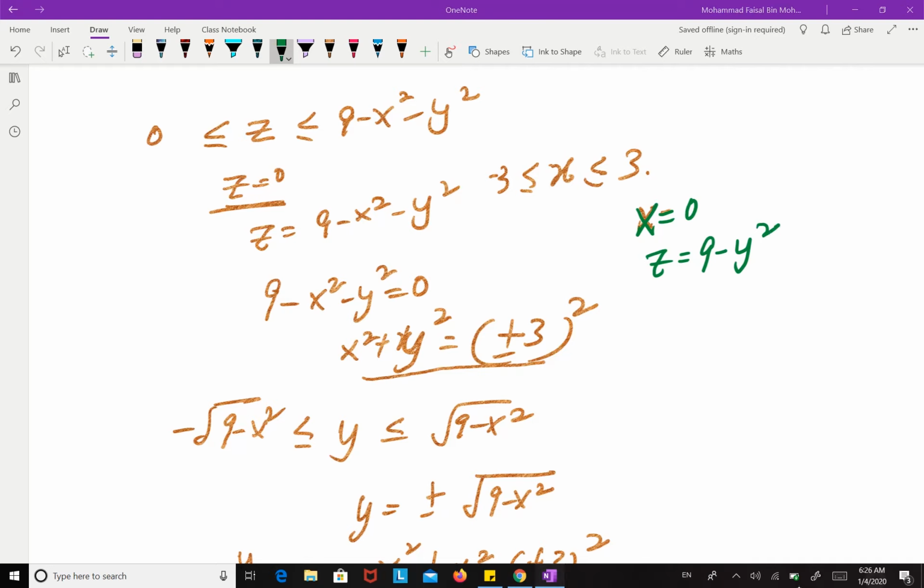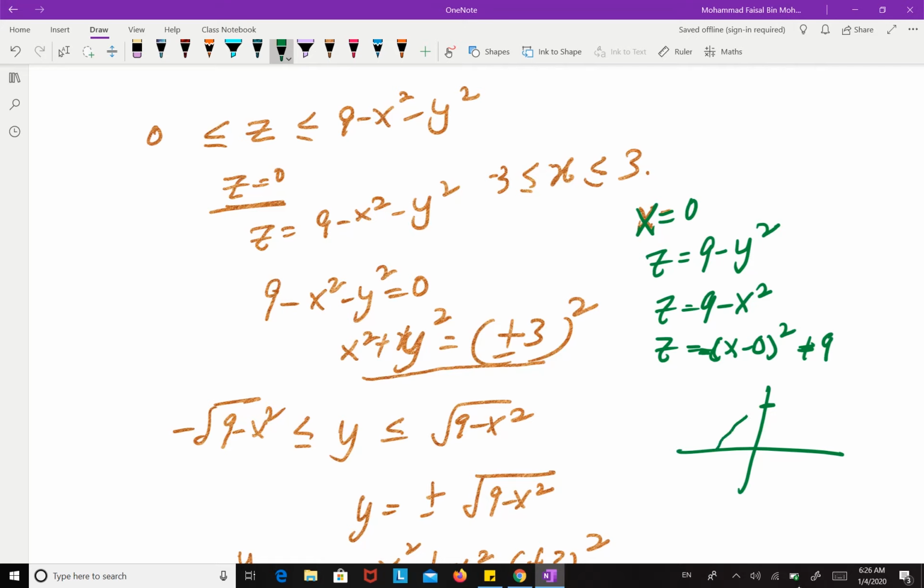If y equals 0, you have z equals 9 minus x squared. This is a maximum curve because of the negative sign, and the maximum point is at 9. When x is 0, z equals 9. When z equals 0, x equals plus or minus 3.